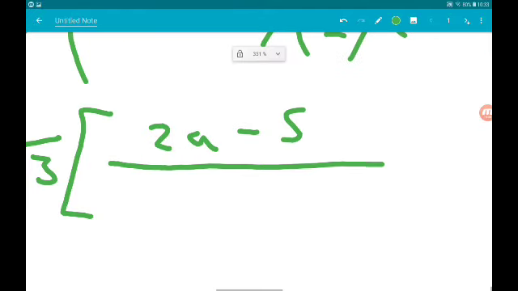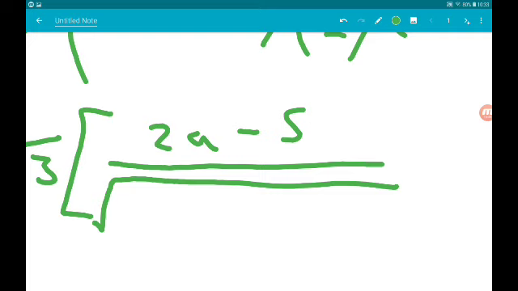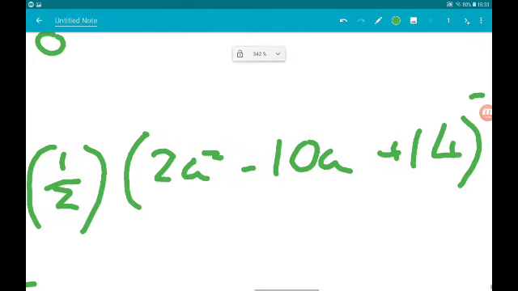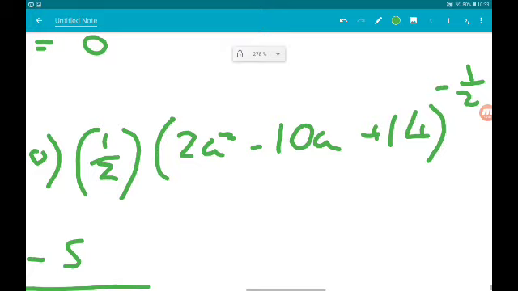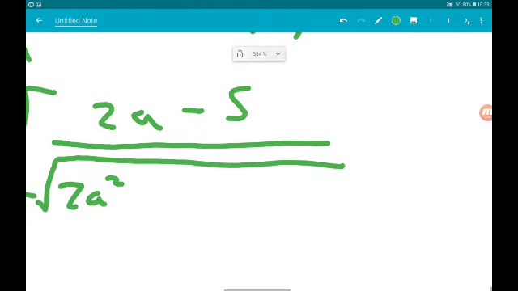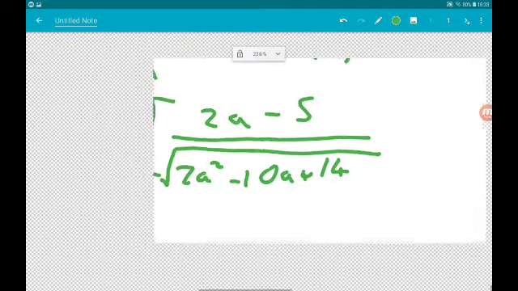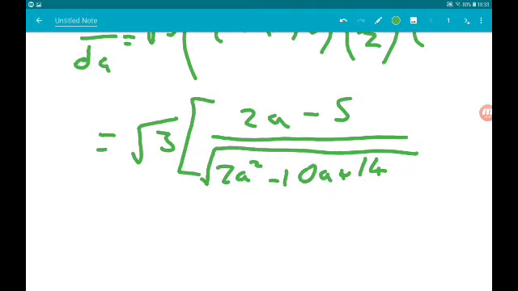So that means over root 2a squared minus 10a and 14. So that is our derivative.